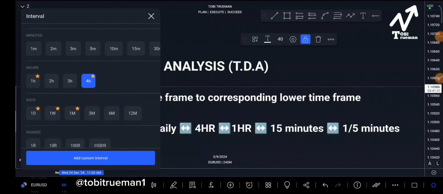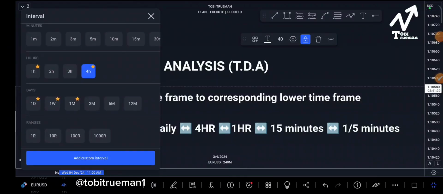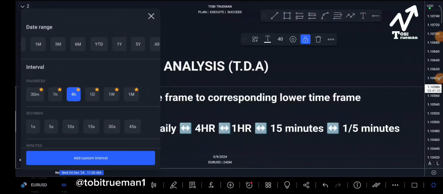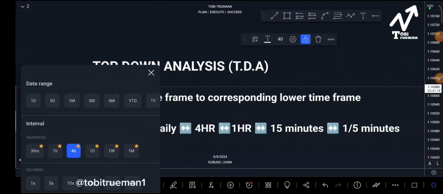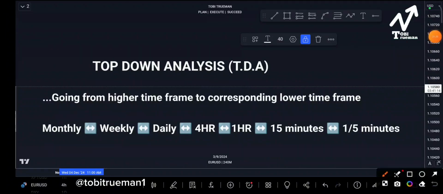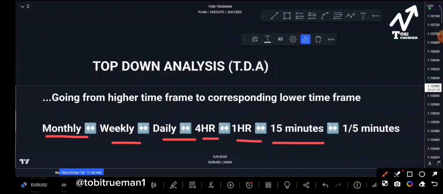In fact, we even have the yearly time frame, 5 years, and all of the time frames on that data range. But we're not going to go into all that. Our major focus will be on the monthly, weekly, daily, 4 hour, 1 hour, 15 minutes, 1 minute or 5 minutes time frames.